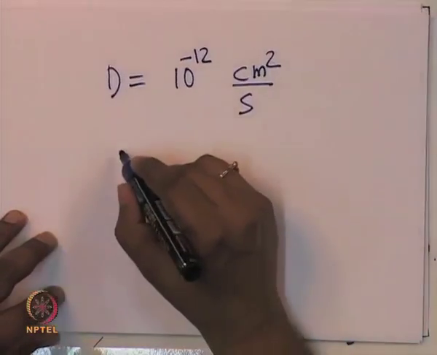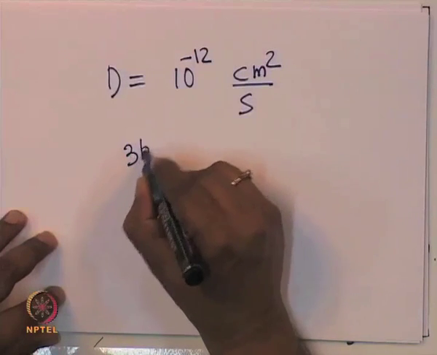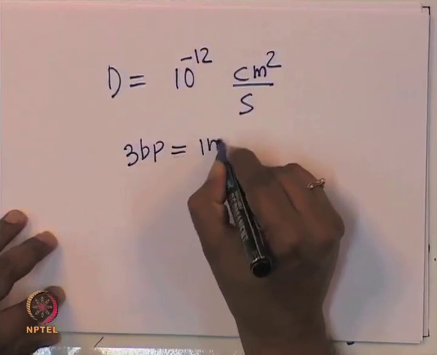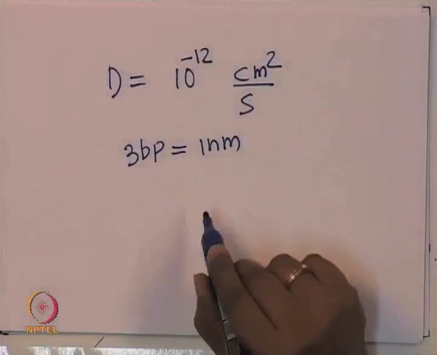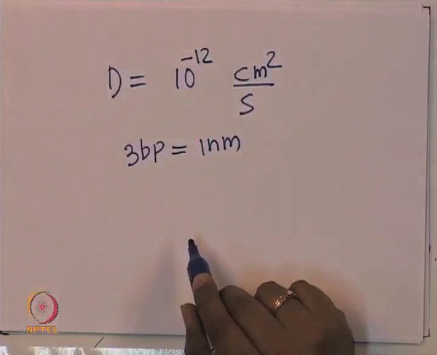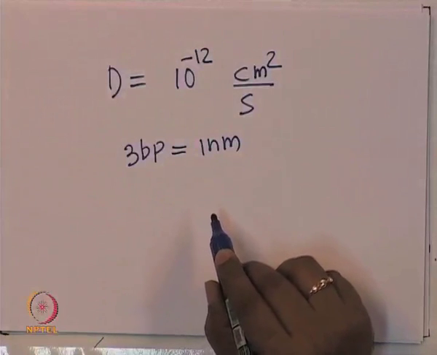It turns out that 3 base pair is 1 nanometer. That is the rough scale. 1 base pair is basically 0.333 nanometer, so 1 base pair is about 1 by 3 nanometer.